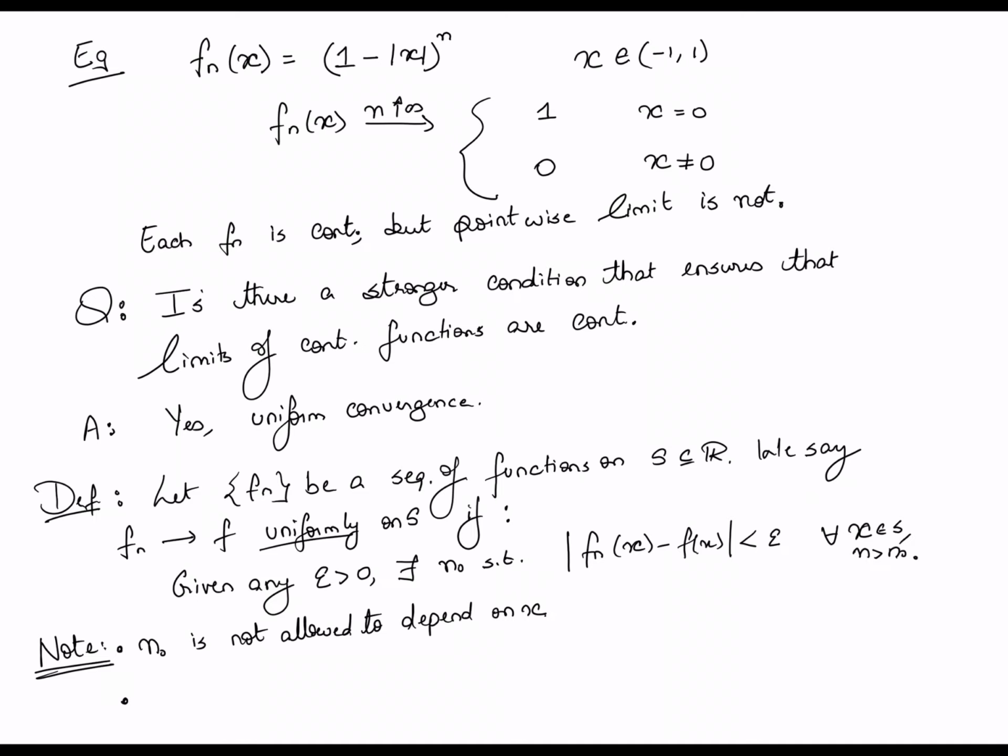Right, and another thing to note is that uniform convergence implies pointwise convergence. So it is in fact a stronger notion of convergence. Right? So if you have a sequence of functions which is uniformly convergent to a certain limit, then it is also pointwise convergent. Right?